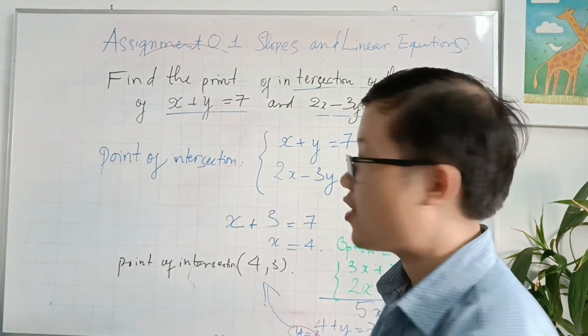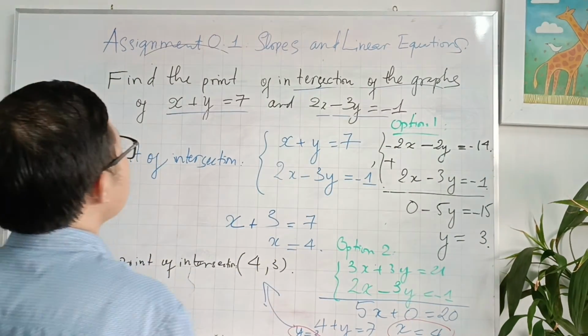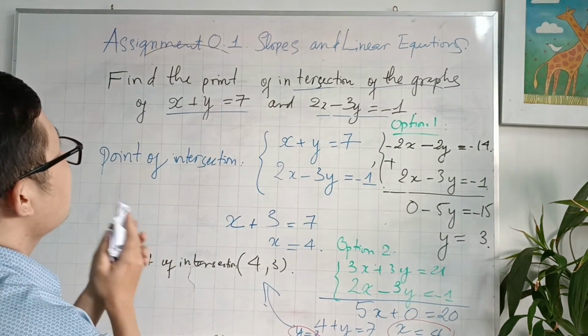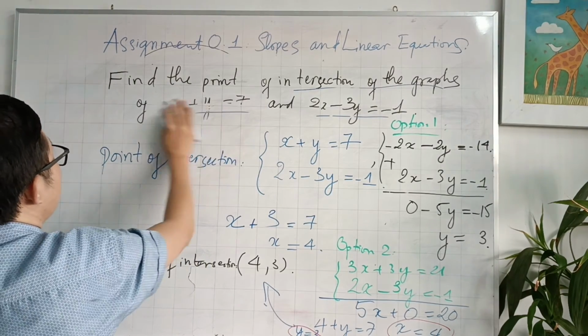The last question for our lesson today is also to find the intersection of the graphs, but we change the graphs.